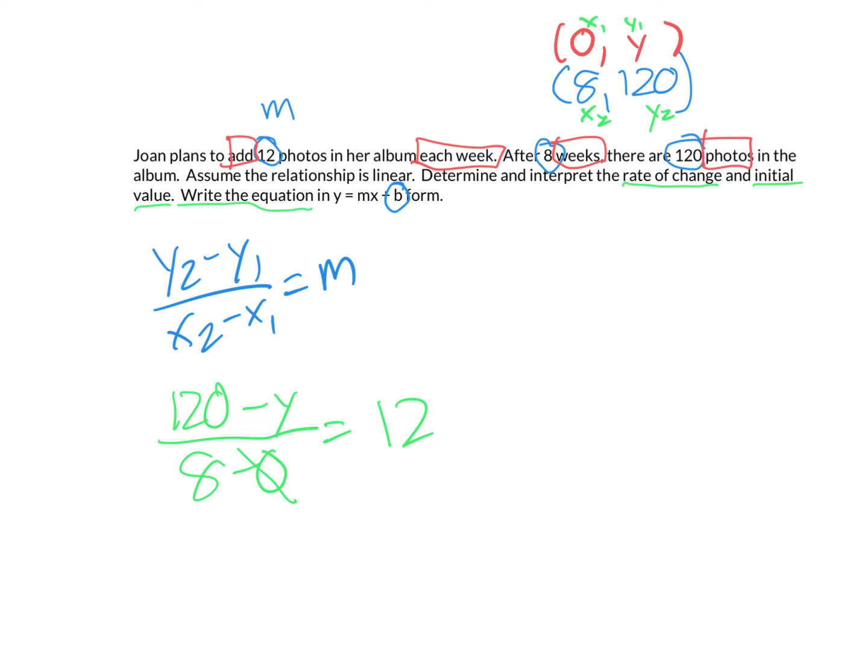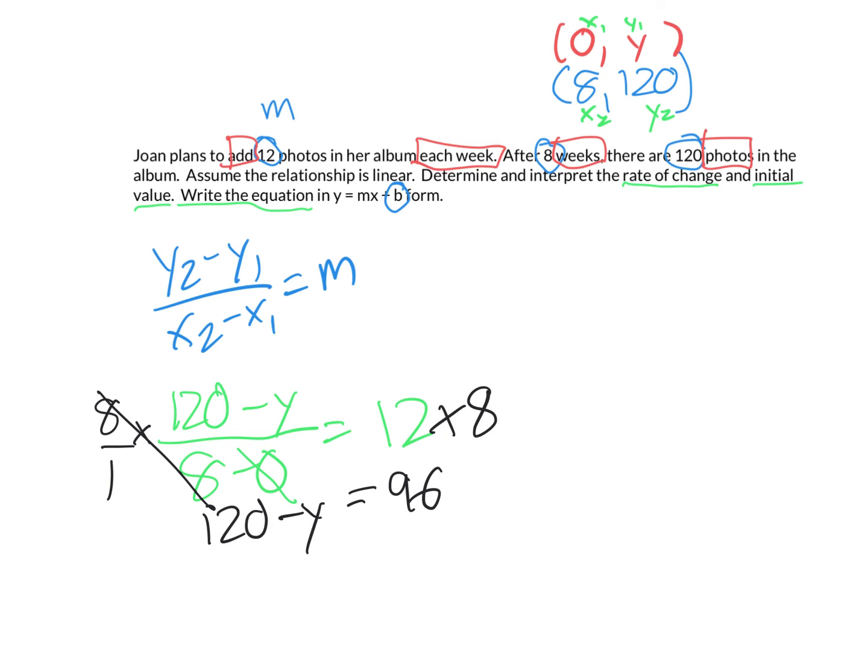And now we have a fraction on the bottom. And so what I'm going to want to do is multiply an 8 through to cancel that out. I'm also going to have to do that over on this side. So 8 times 12 is 96. So I have 120 minus y equals 96.